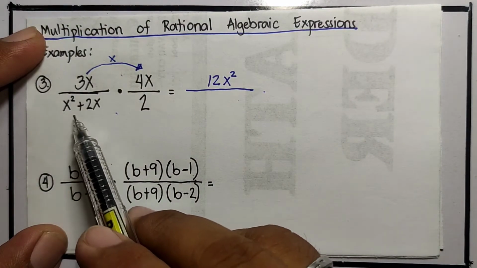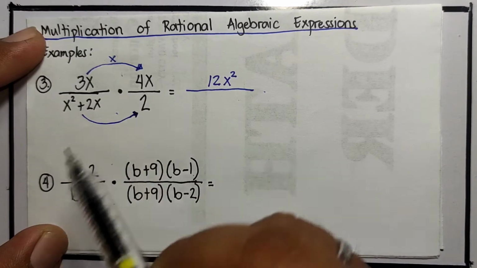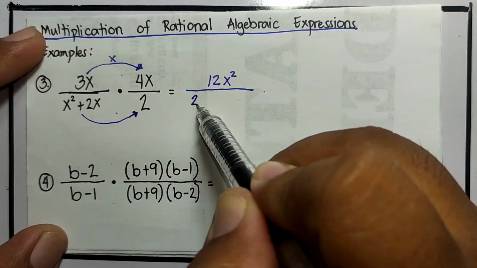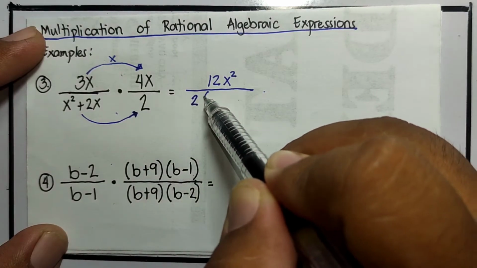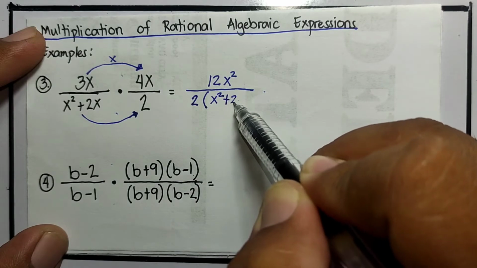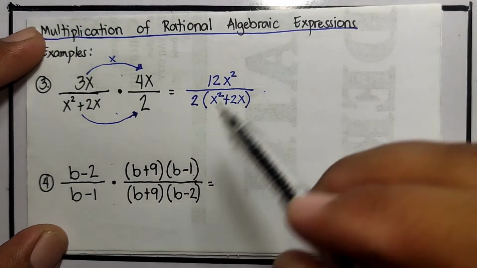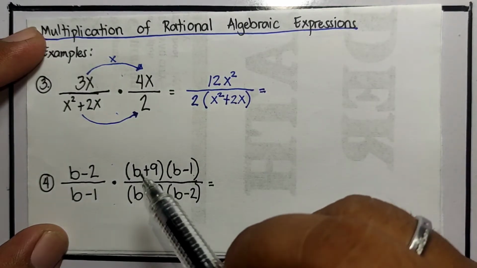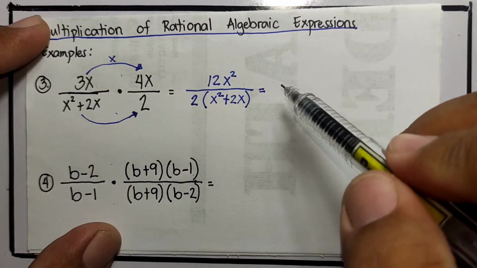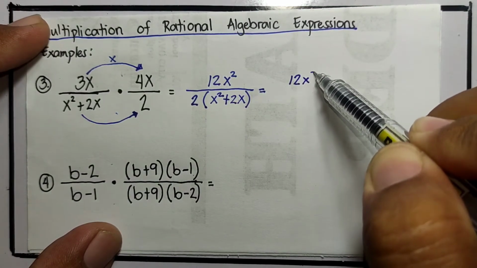Then, multiply our denominator. Ganito muna ito yung gagawin natin. 2, then x squared plus 2x. Multiply muna natin para mas klaro. Then, after that, we have here 12x squared.